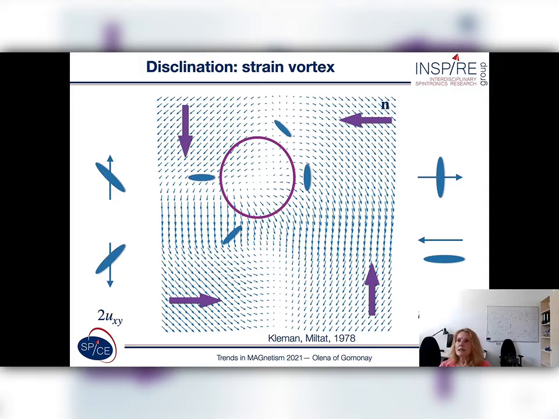These magnetoelastic disclinations were introduced by Kleemann and Miltat for ferromagnetic materials based on considerations of old elasticity theory, but gradient magnetoelasticity allows us to predict such solutions in a regular way.